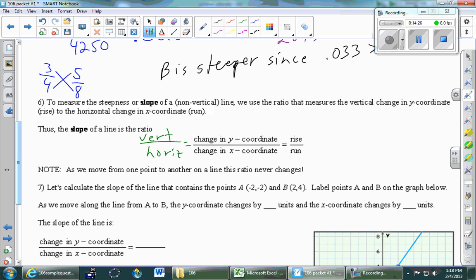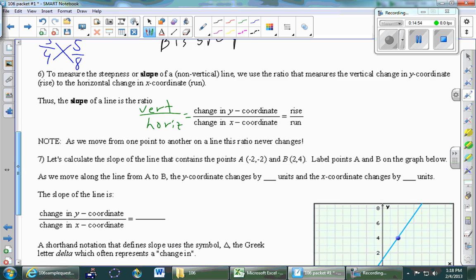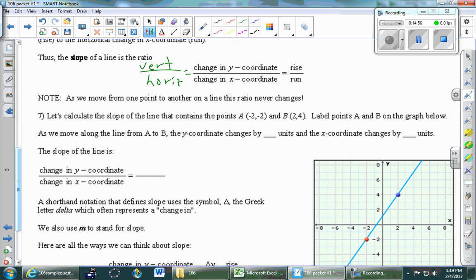Okay? And then really trying to get us a sense of movement. Oftentimes we use the words rise and run. Rise for any vertical movement, run as if you're running on the ground, just horizontally left and right. And then here's an important note. We'll go to Aaron for the note. Okay, thank you. Okay, we'll go to Joe in the back for 7.